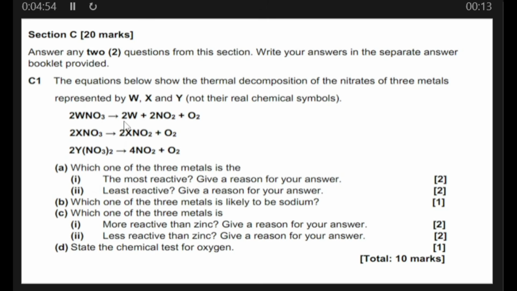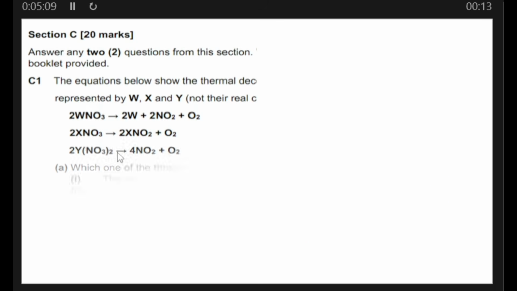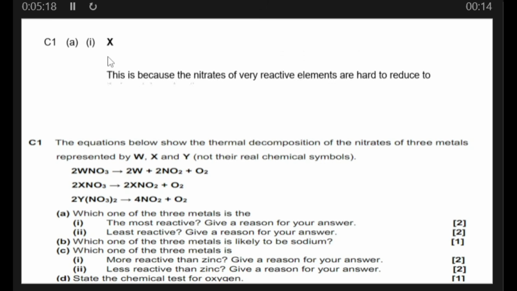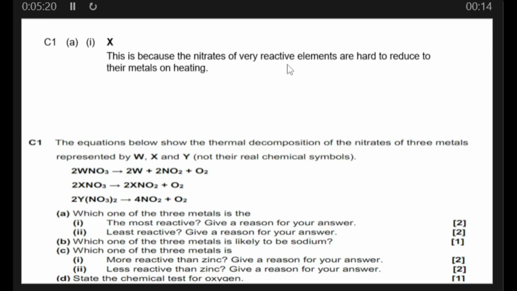So let's go and see now how we can answer, having informed you of this information. When we go to A1, where they are saying which one of the three metals is the most reactive, between the two, the most reactive one is X here. So let's see how we can begin answering. A1, I'm saying X. The reason is that the nitrates of very reactive elements are hard to reduce to their metals on heating.